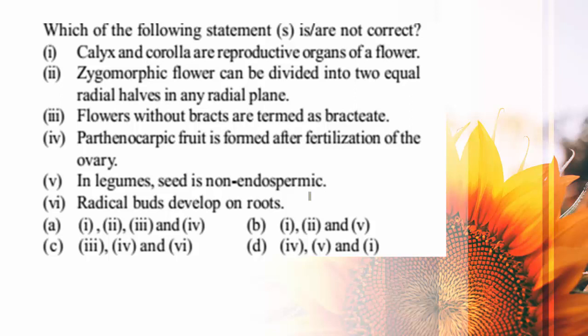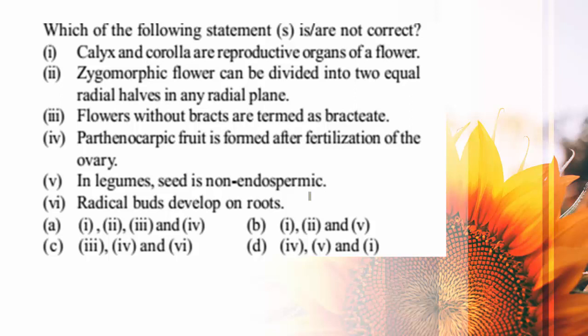Six statements are given. Among them, we need to identify which are the wrong statements. Corolla and calyx are reproductive organs of the flower. No, they are accessory floral whorls. Androecium and gynoecium are the reproductive organs of a flower.